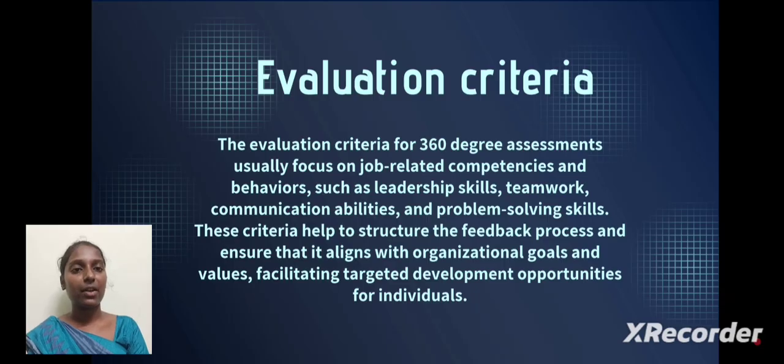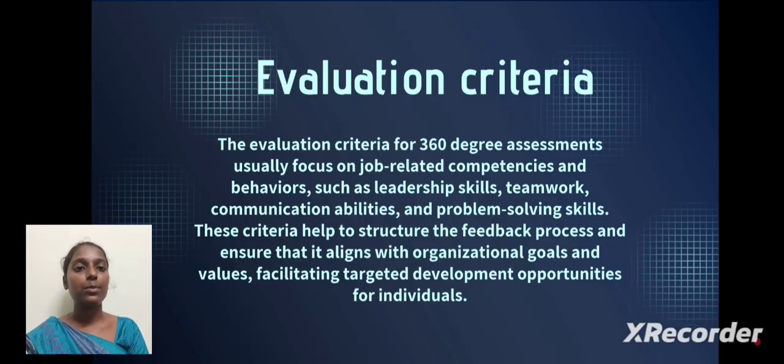And evaluation criteria. The evaluation criteria for 360-degree assessments usually focus on job-related competencies and behaviors such as leadership skills, teamwork, communication abilities and problem solving skills. So these evaluations help the students to improve their communication skills, leadership, teamwork and problem solving skills.